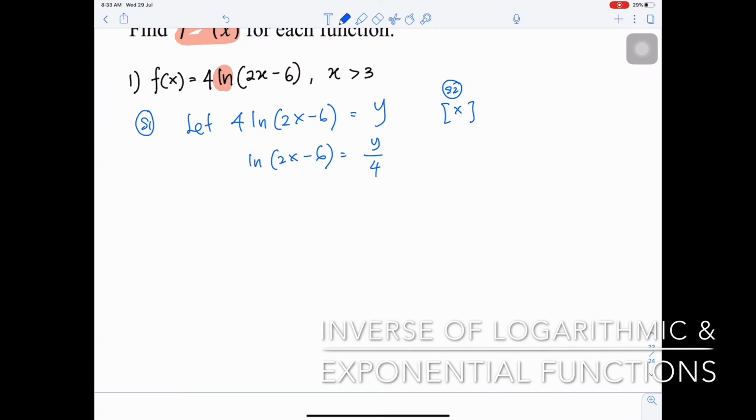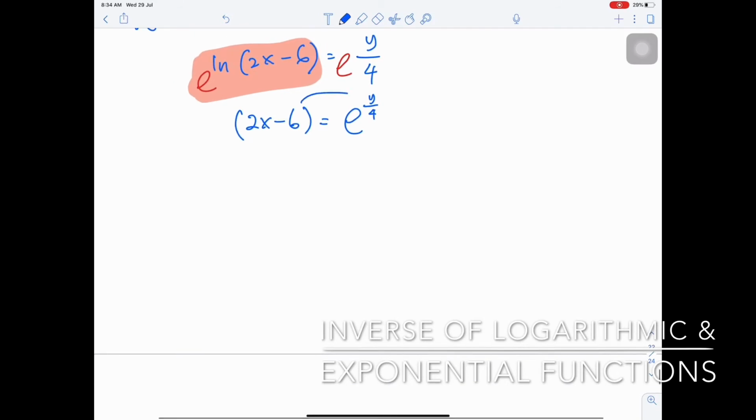And then what do we do? Exponent both sides. Exponent of ln 2x minus 6 becomes 2x minus 6, equals e to the power y over 4.